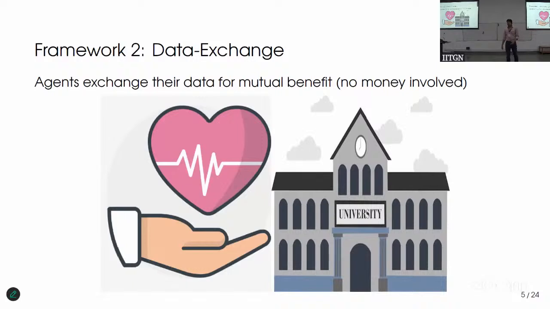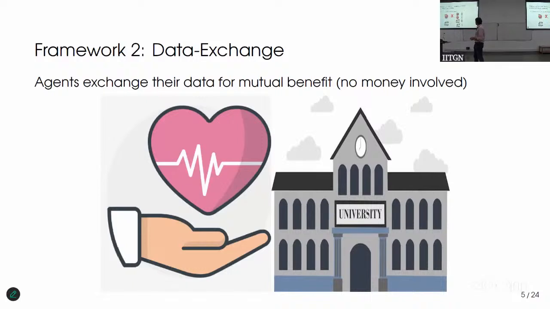So there will be no money involved, as with most nonprofits, but there would still be principles governing the exchange. All of this is vague; I will get precise in some time.